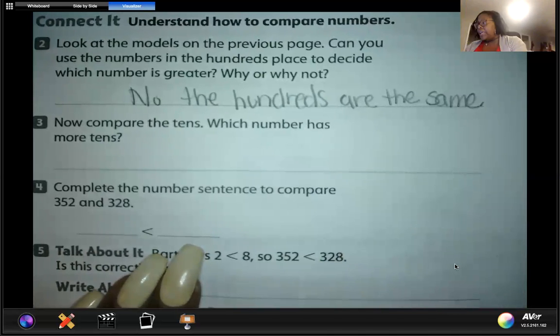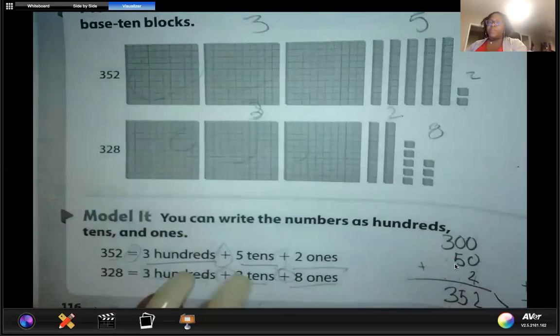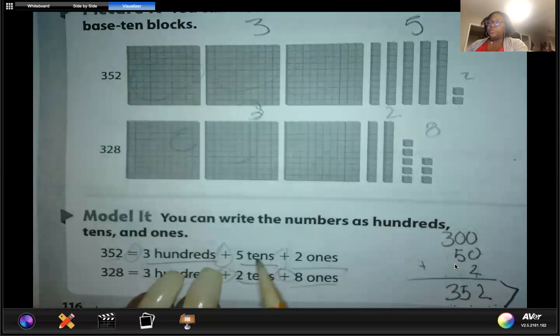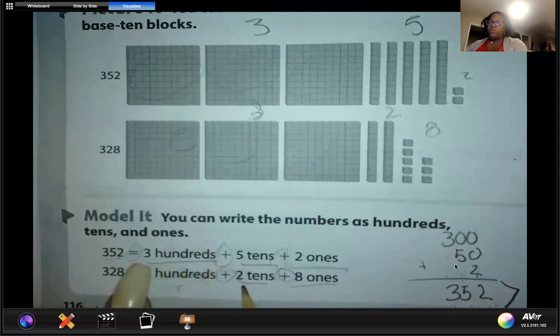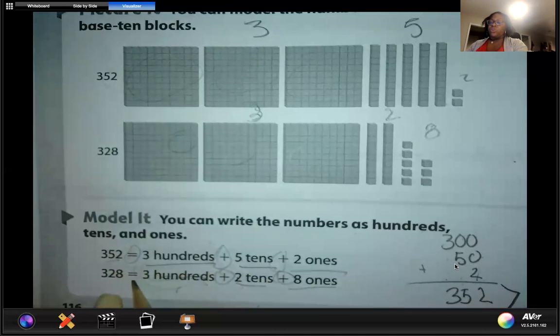Now compare the tens. Which number has more? So here we are at the tens place. We see that this 5 is bigger than 2. So the number 352 is bigger than 328. I don't know why I keep calling that number 2 somehow.